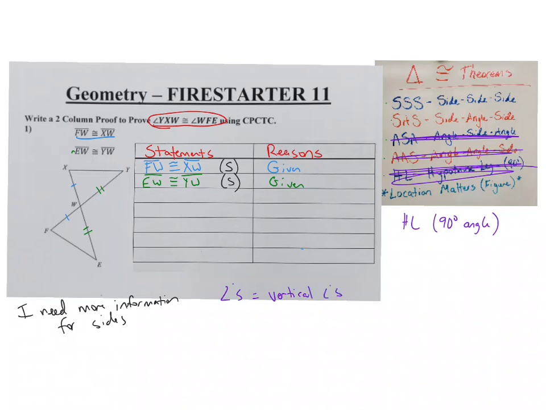I don't have to be told that vertical angles are congruent. I just look at the picture. So because I see that, I get to say angle XWY is congruent to angle FWE. That's an angle statement. And the reason is that vertical angles are congruent.